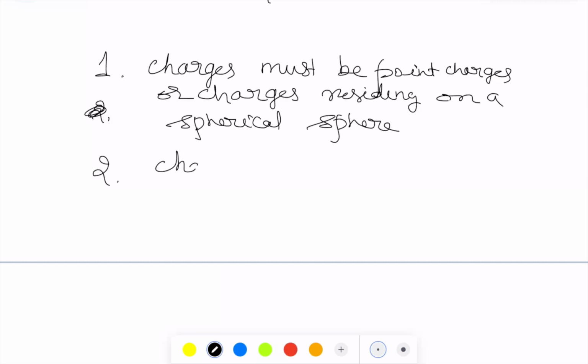Then, what do you write as the definition, the statement of Coulomb's law?